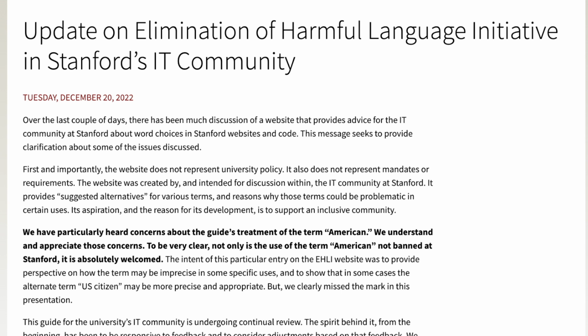Its aspiration and the reason for its development is to support an inclusive community. We have particularly heard concern about the guide's treatment of the term "American." We understand and appreciate those concerns. To be very clear, not only is the use of the term "American" not banned at Stanford, it is absolutely welcomed.